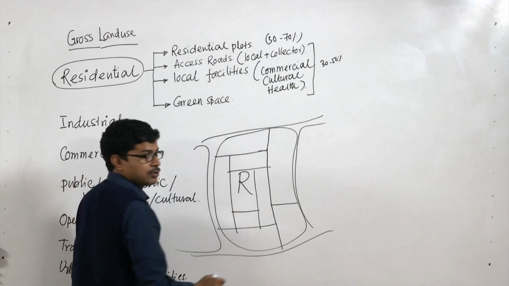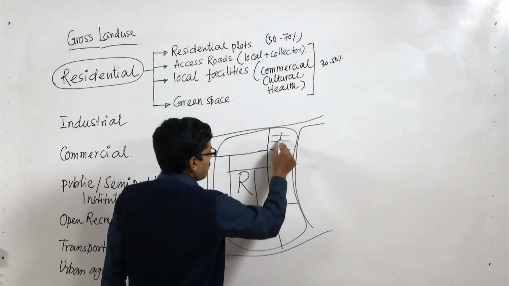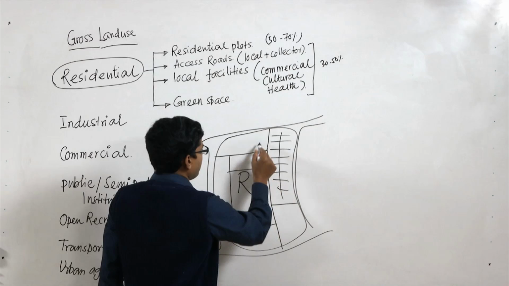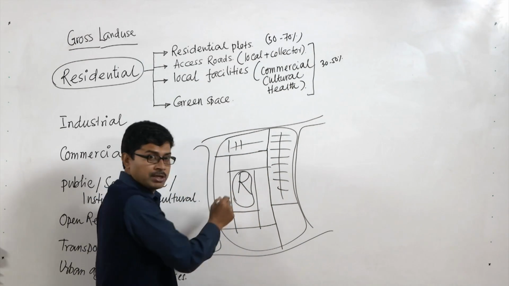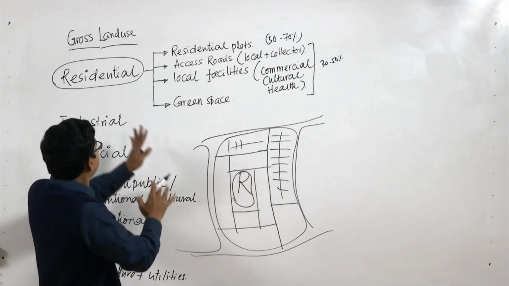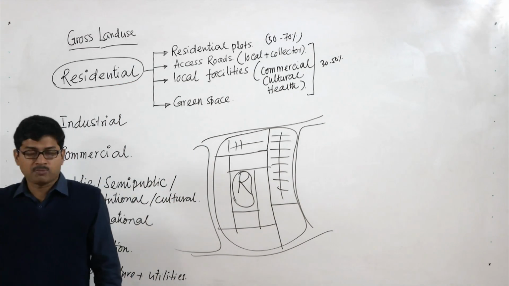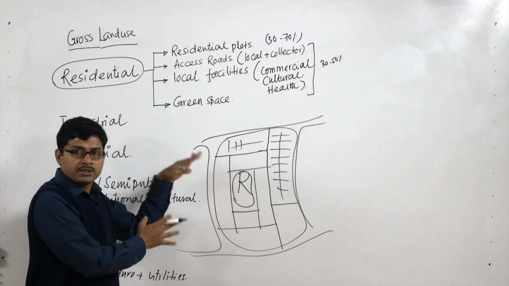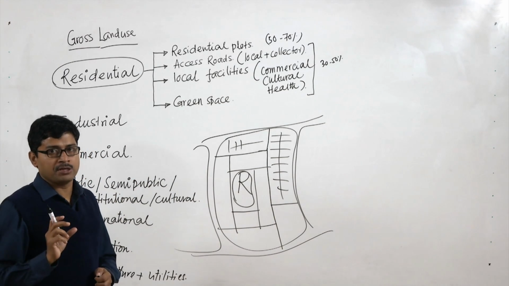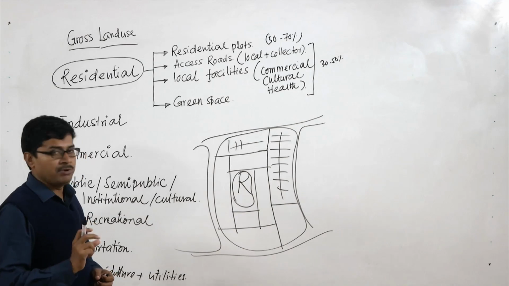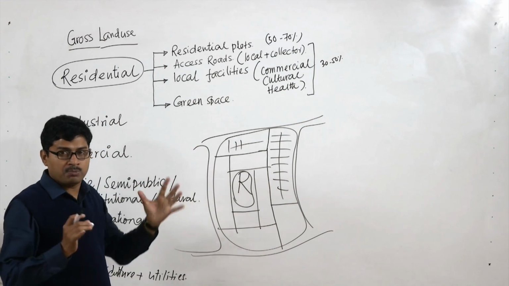So this will be local roads, and within the local roads there will be plots, everywhere there will be plots, and not only that, there will be green space. So after the gross land use is shown in the land use plan, we have to further subdivide the whole land into small land parcels so that each and every parcel we can develop as per the requirement or as per the composition.